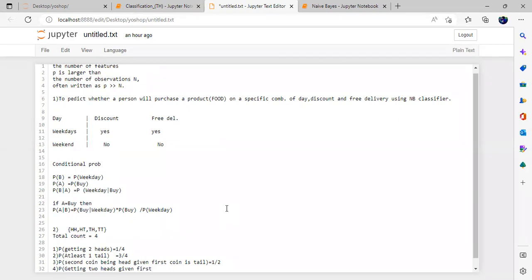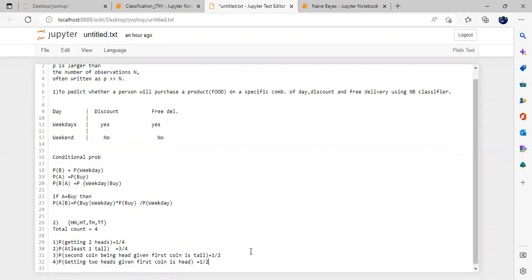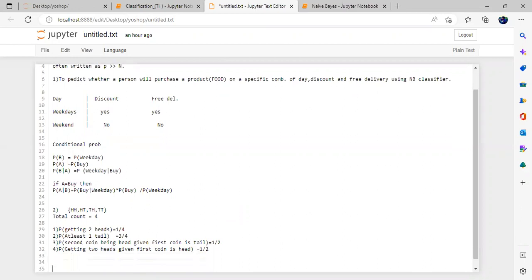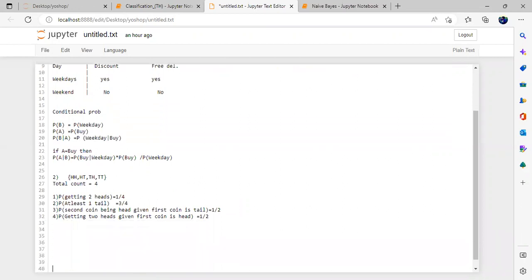Given first coin is head, getting two heads, this is also 1/2. So this is how we find probability, right?